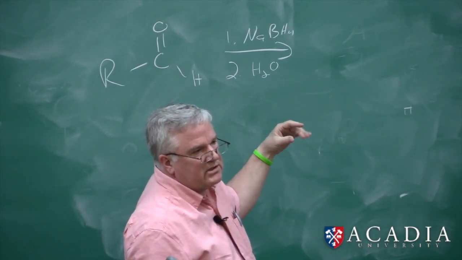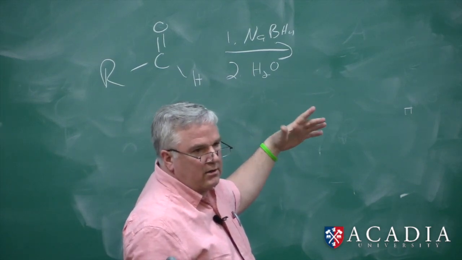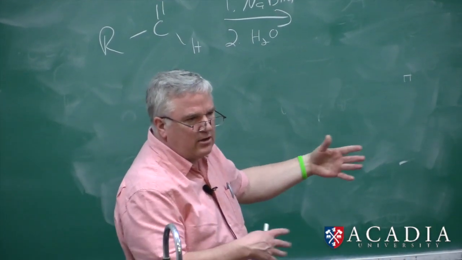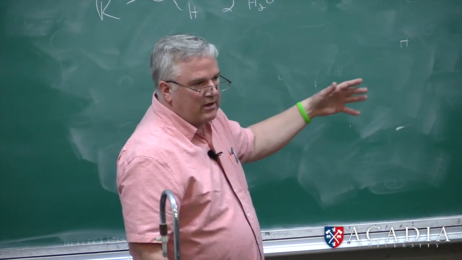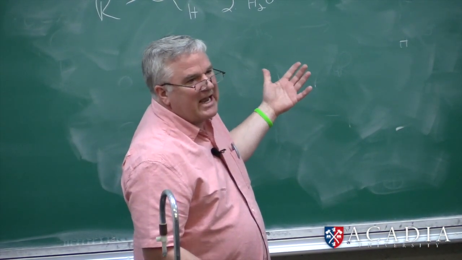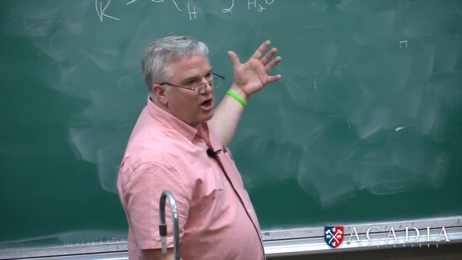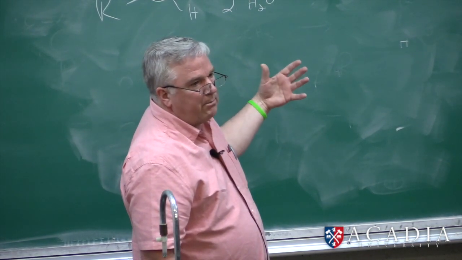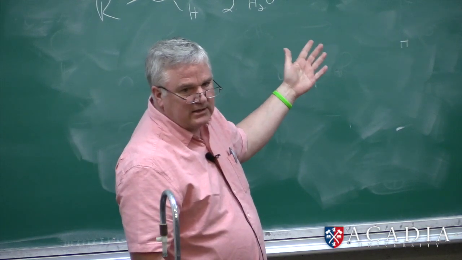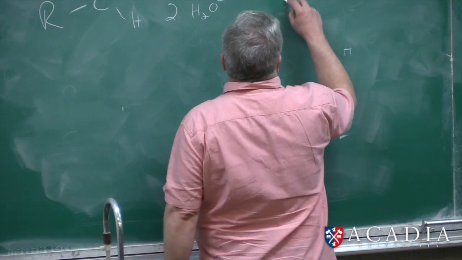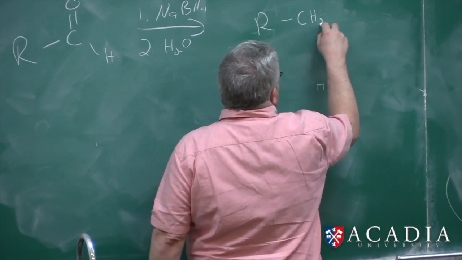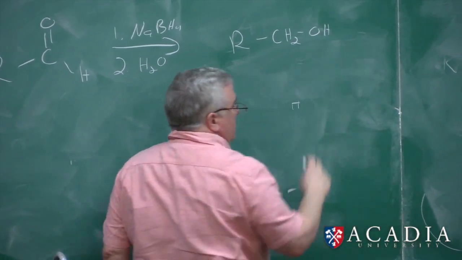The reason we need to use slightly acidic water in the aluminum case is to get rid of all the aluminum salts. They become messy, and you need the extra acid just to get rid of that gunky aluminum. In this case, it works out okay. We don't junk it up with all these boron compounds, but you do with aluminum, and that's why you need the acidic conditions. You don't need acidic conditions here, and you just end up with a reduction.